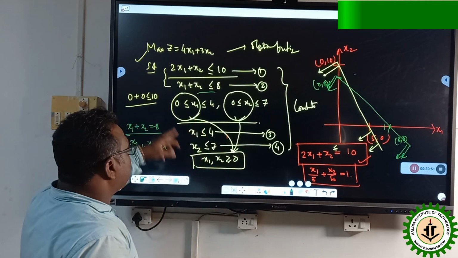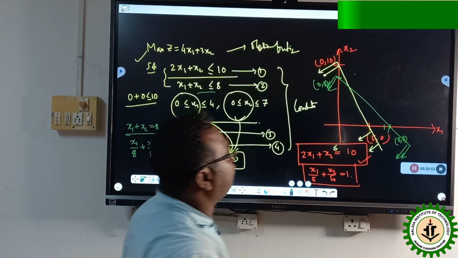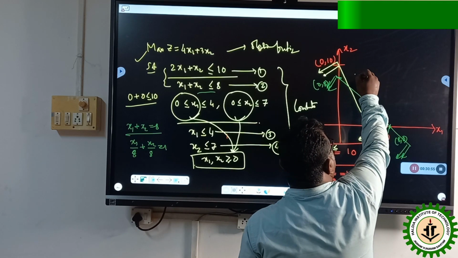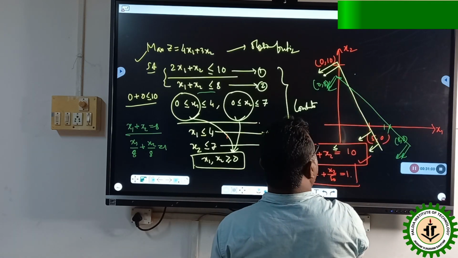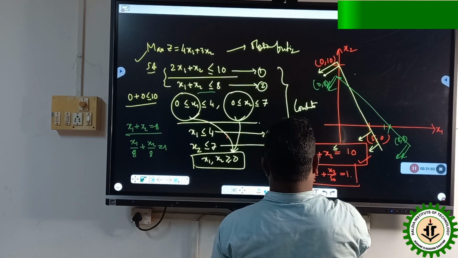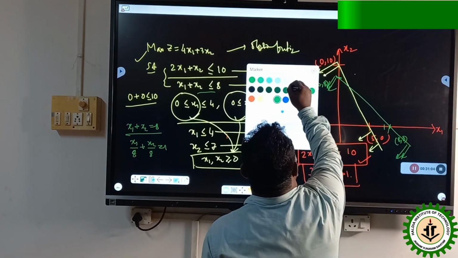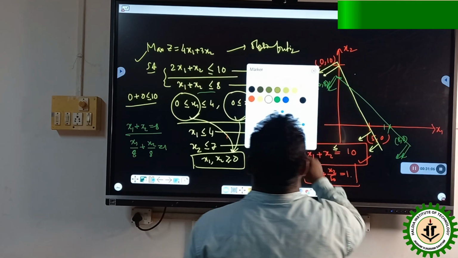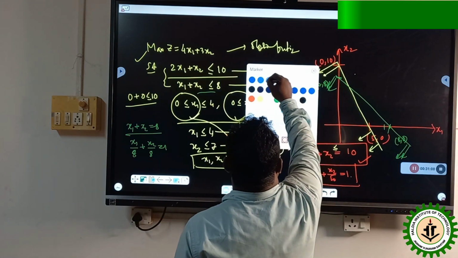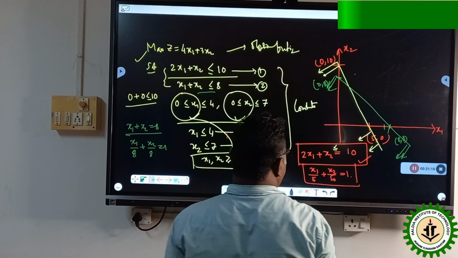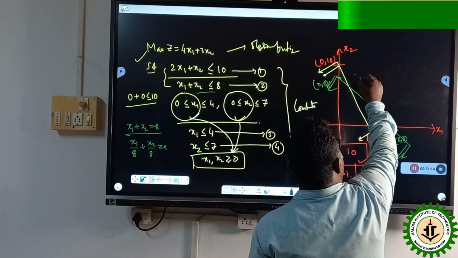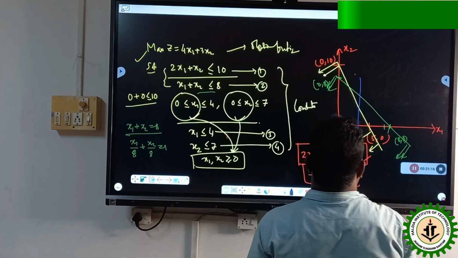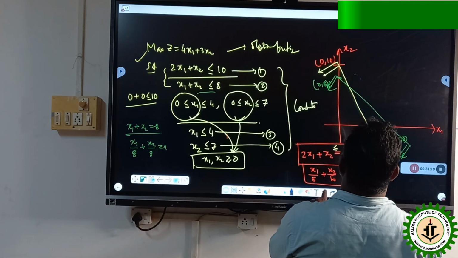What about the third constraint? x1 equals 4 means a line parallel to the x2 axis.